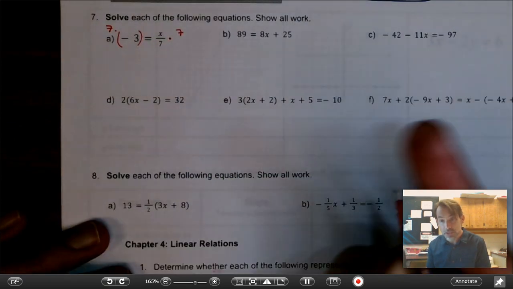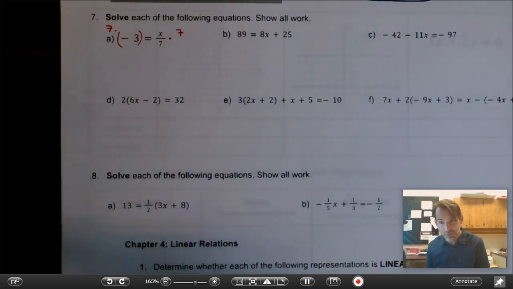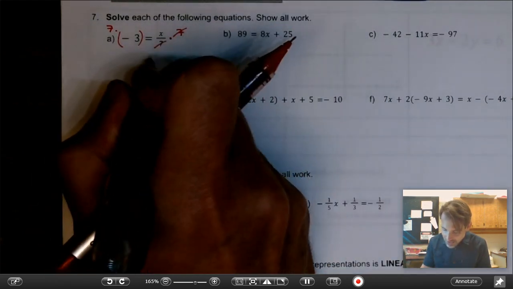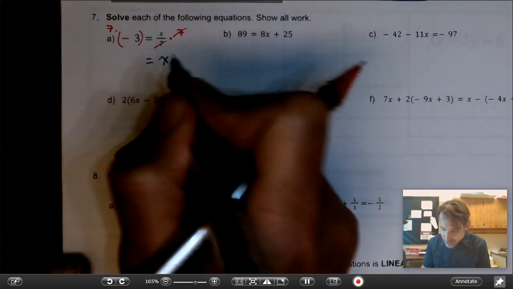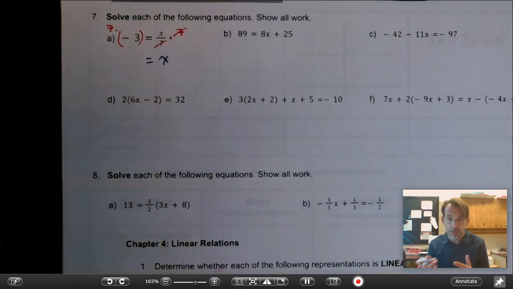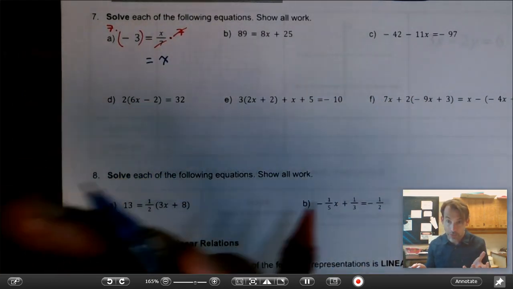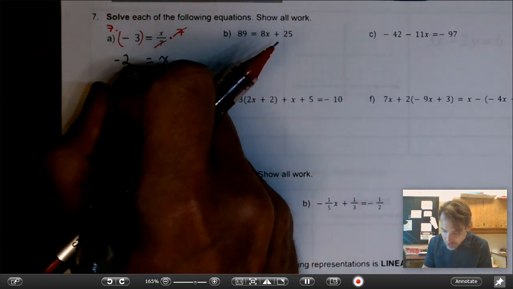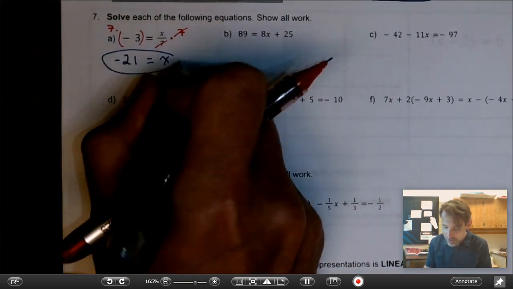So I do the opposite of dividing, which is multiplying. This 7 cancels that 7. And then you end up with equals x on that side, which is your goal. Some number equals the number I don't know yet. Okay, now I know the number. All right, 7 times minus 3 is minus 21 equals x.